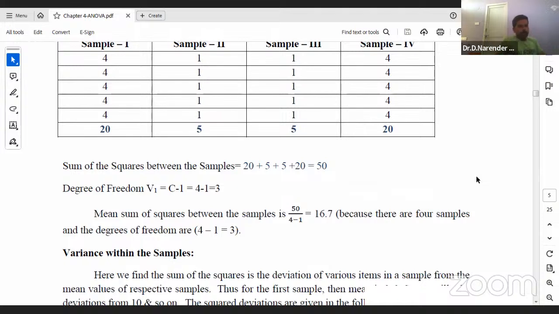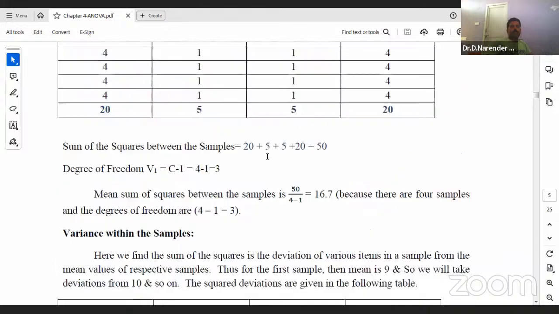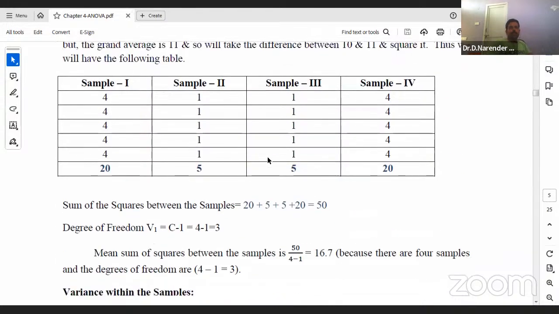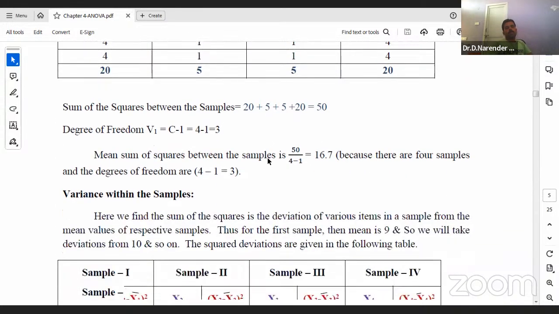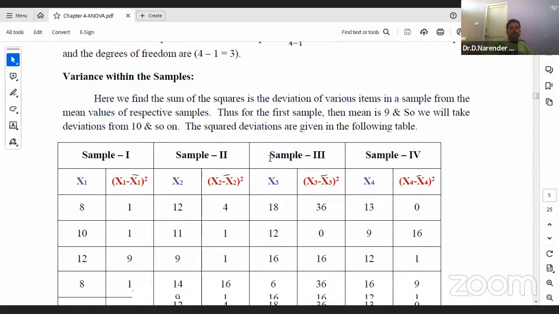Then next we need to find the variance within samples. That is the SSE value and V2 value, and next the MSE value. For the first table one procedure will be followed, for the second we follow another step. For each and every method there will be different steps. So observe carefully.